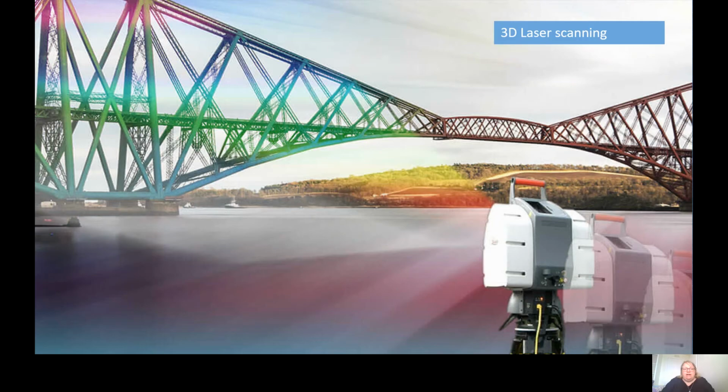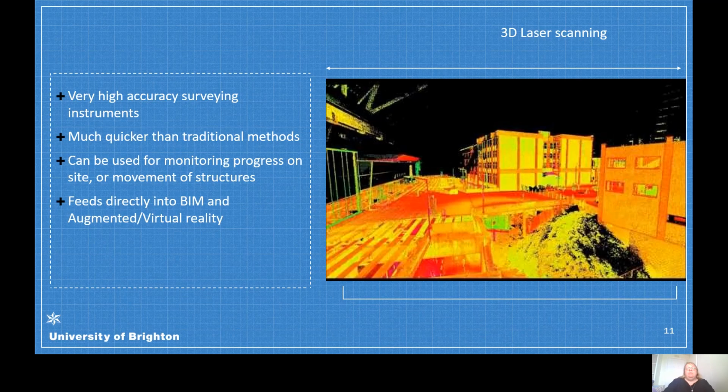So 3D laser scanning. Basically, 3D laser scanning is a type of surveying method. Surveying is all about taking measurements so that we can produce plans or maps, which can then be used by designers to produce a design for the project, and then can be set out on site and actually established in the correct place.